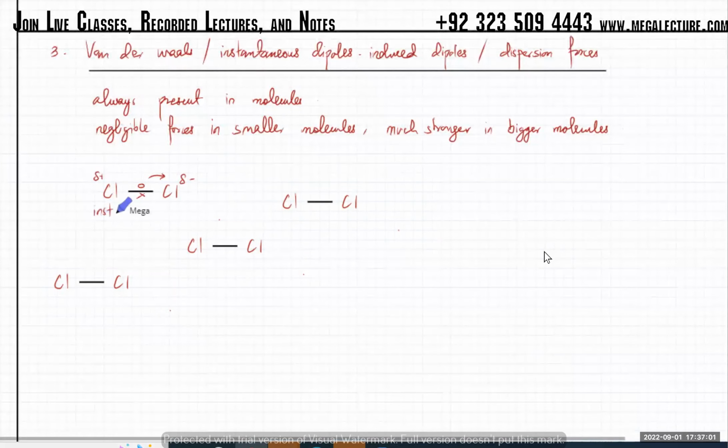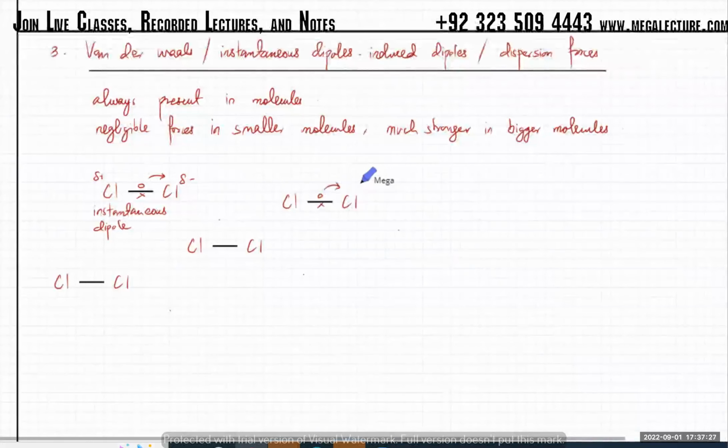ठीक है, for some random reason. So this one is your instantaneous dipole. And it might vanish the very next second. But what it does is it induces a dipole in these other molecules, because if this side is negative, so iske jo electrons honge, they're going to get repelled by the neighboring molecule as well.